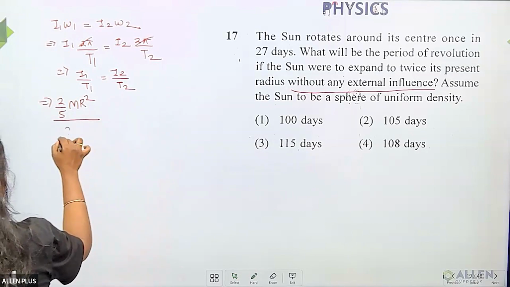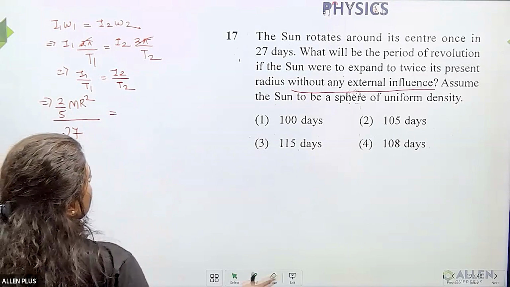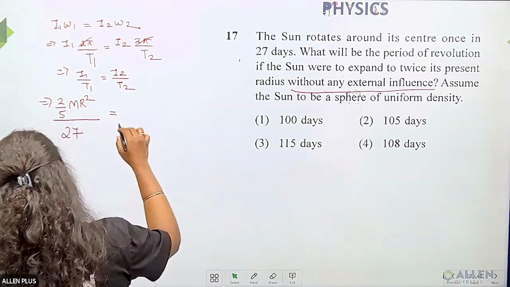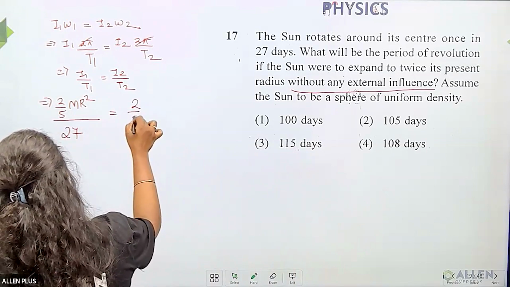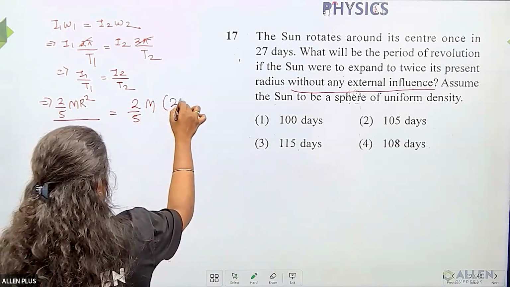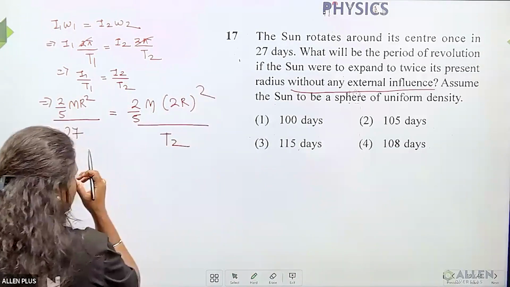So time period is 27. This will be equal to, what they are saying, the radius is expanded to twice, which means the moment of inertia is 2 by 5 m into 2r whole square divided by T2.